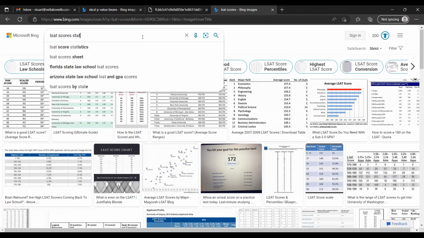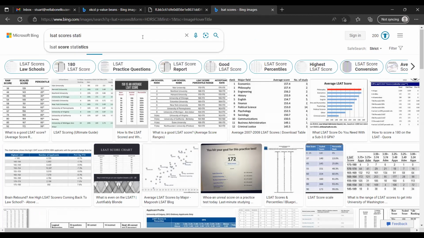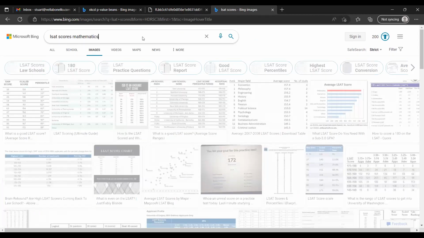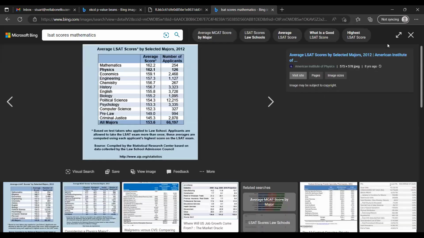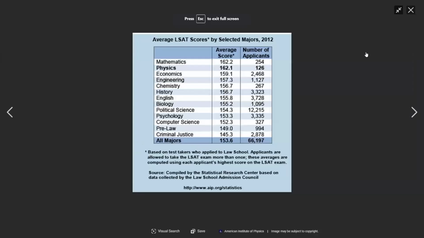Statistics is too broad of a field, what if I do mathematics? So the LSAT is specifically to get into law school, to become, not a solicitor, an attorney, right?